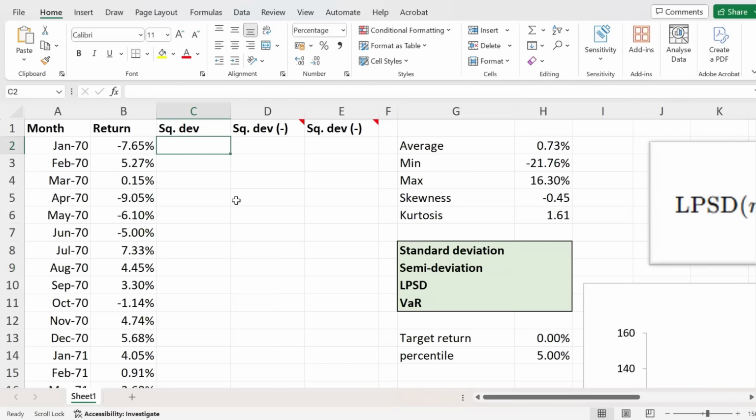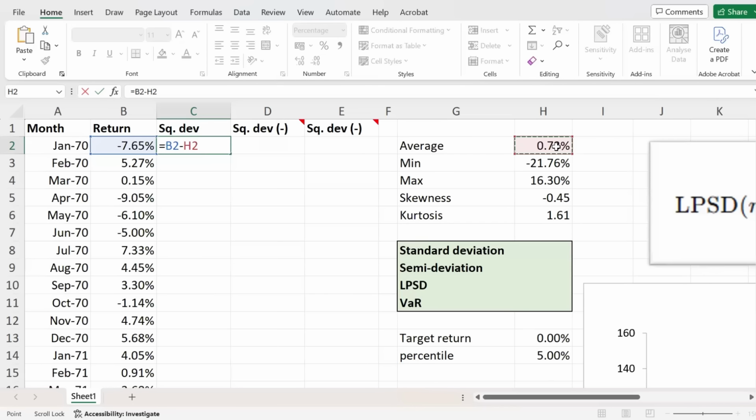All you need to do is compute the squared differences from the mean for each month, right? So we start with January 70. Take the deviation from the mean. I'm going to fix this cell because for going down, it will always be H2. So I fix that using F4.